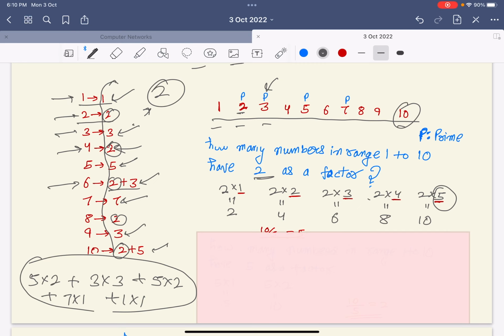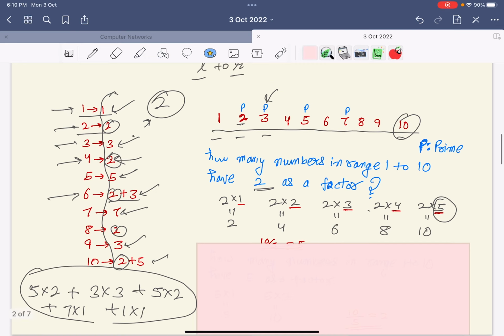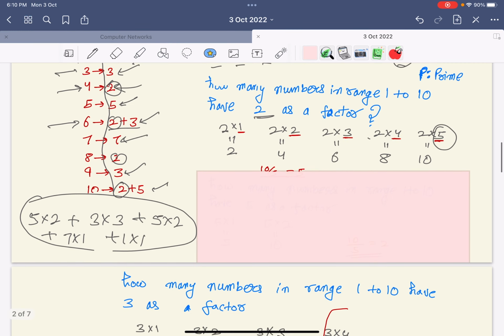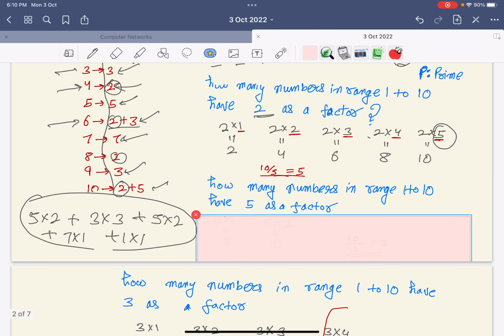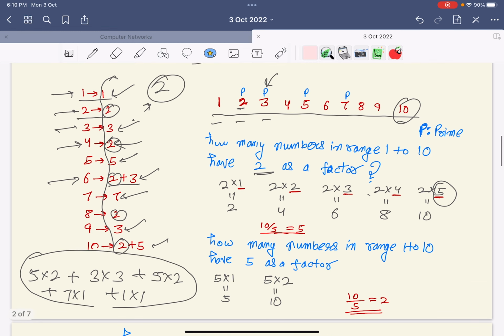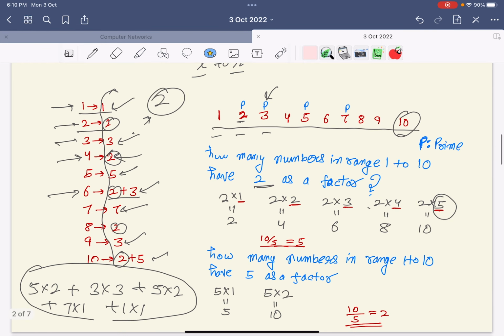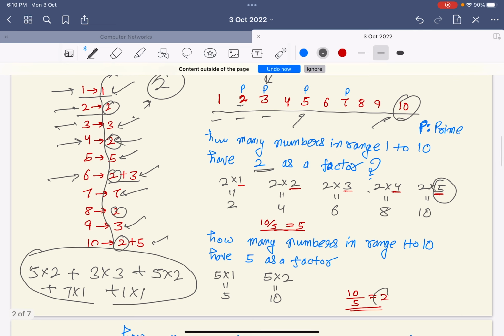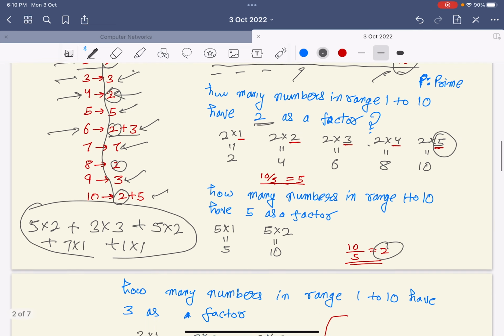The answer of this problem will be 5. Now in how many numbers is 5 occurring as a factor? 5 is occurring as a factor in 5 itself, and then 10. So the answer is 2.